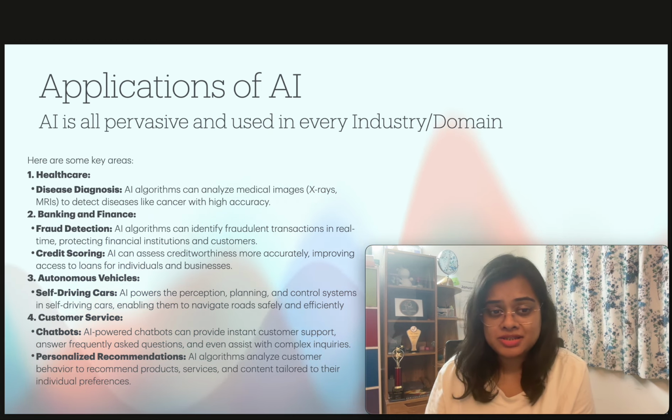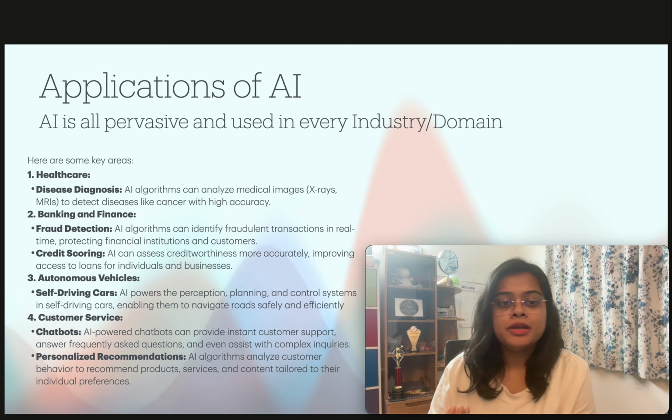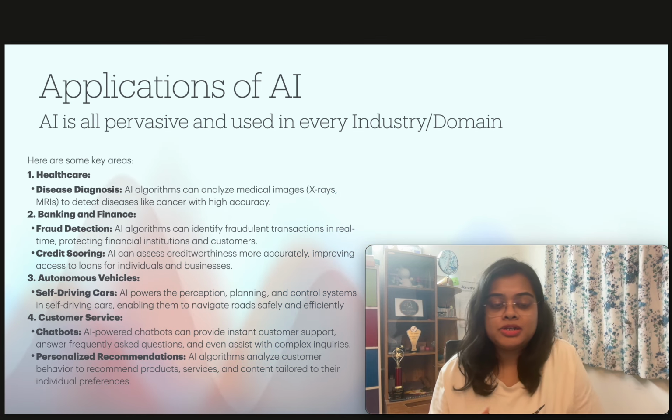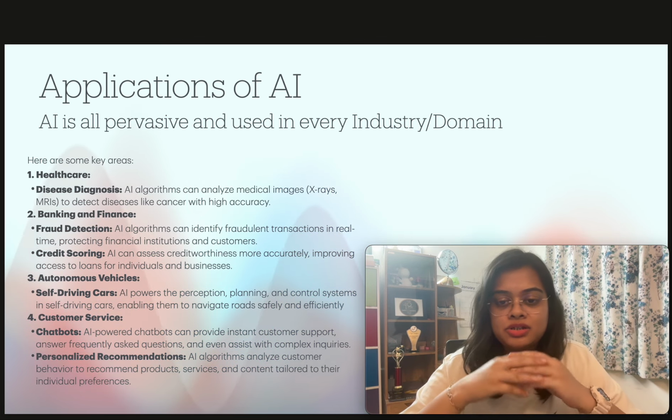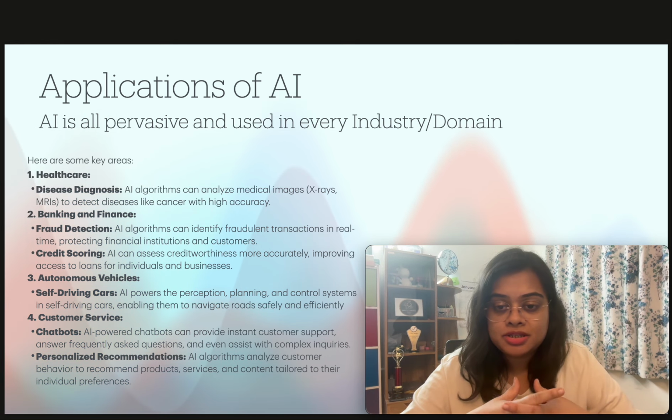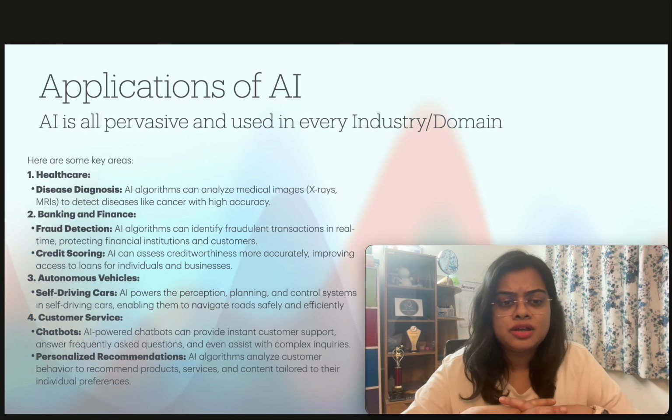AI is also used in self-driving cars like Tesla. AI is used in the marketing field for personalizing recommendations, personalizing ads for you. It is also used in chatbots. It is used in the defense sector. It is used in the security and cyber security sector. So it is used everywhere.